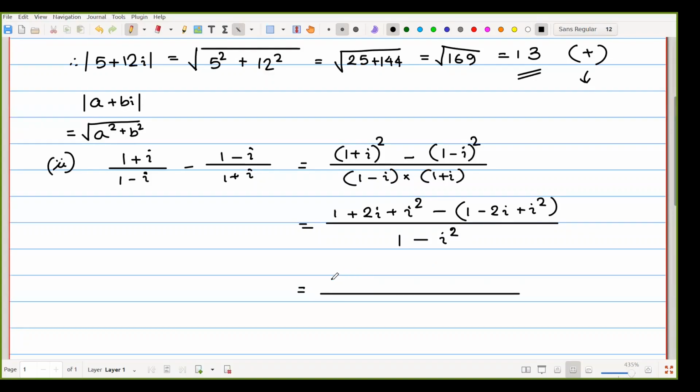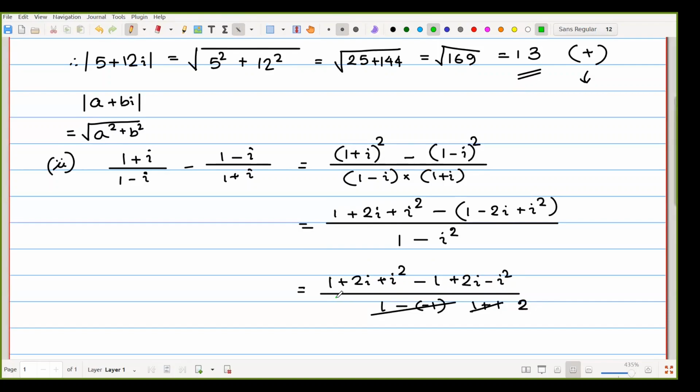So 1 plus 2i plus i square minus 1 plus 2i minus i square. And in the denominator, 1 minus of minus 1 is originally becoming 1 plus 1, so originally becoming 2.